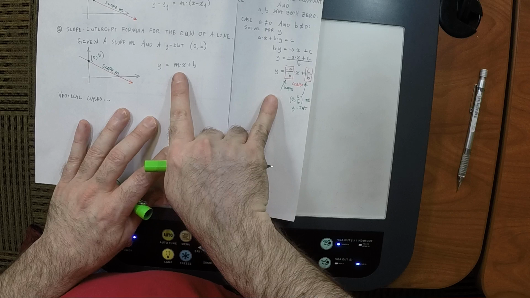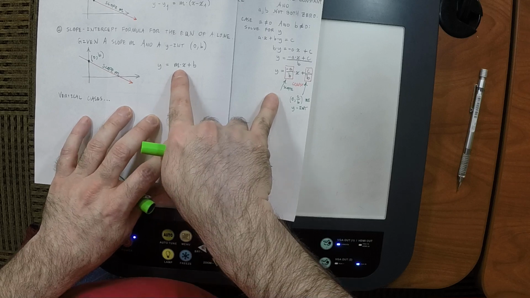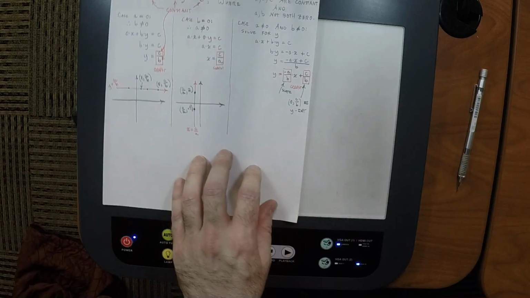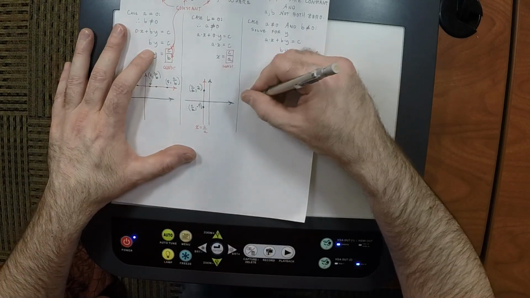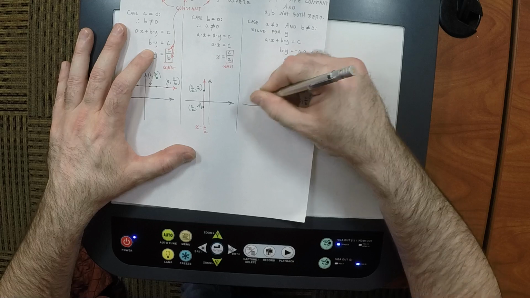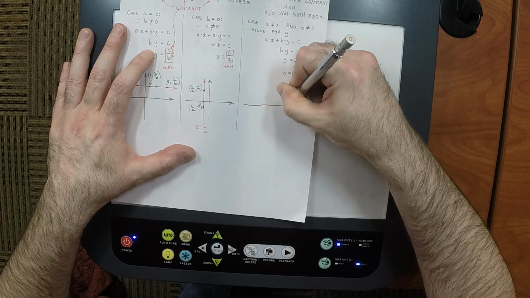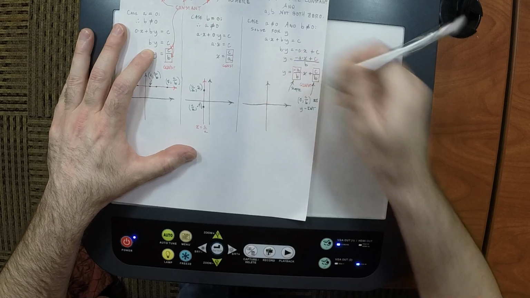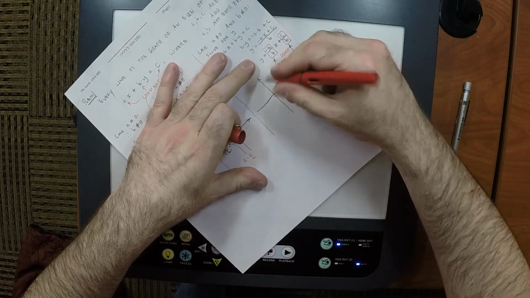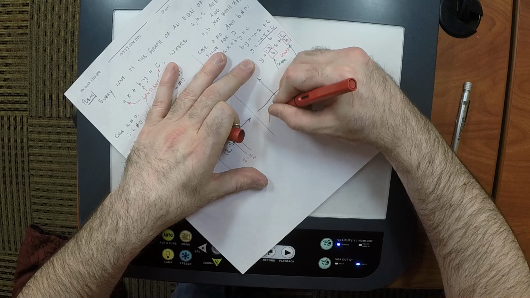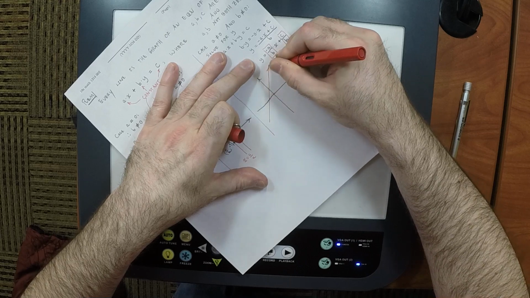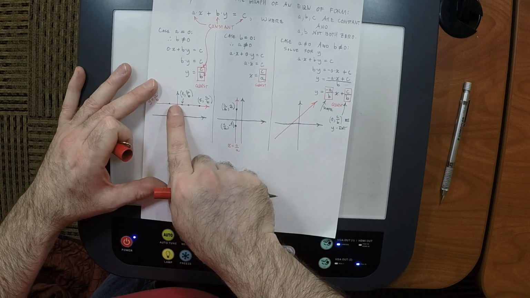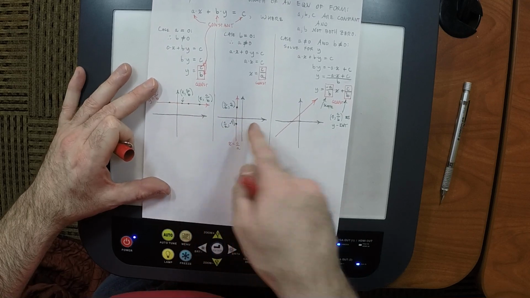Can you see it? All right. So we're talking about some kind of sloped line there. Something like this. So not horizontal, not vertical, something intermediate.